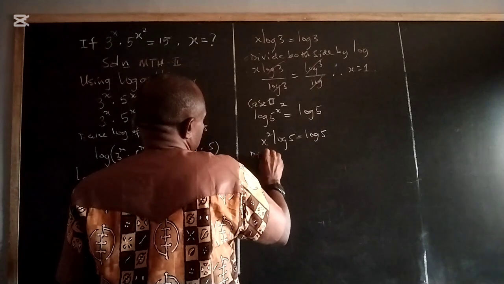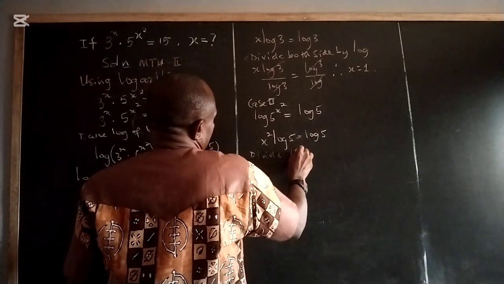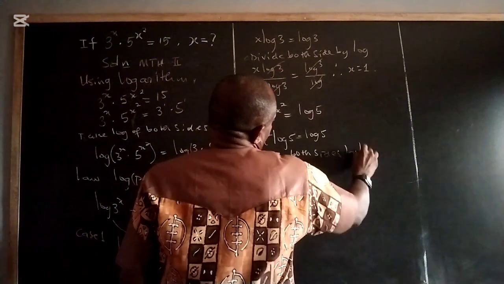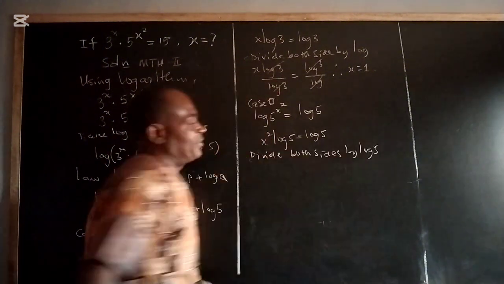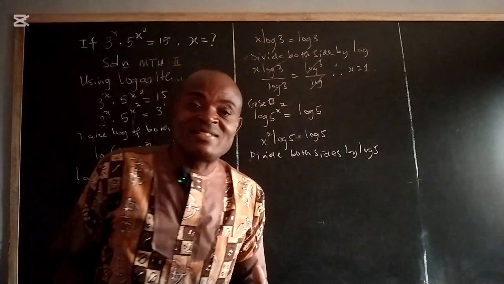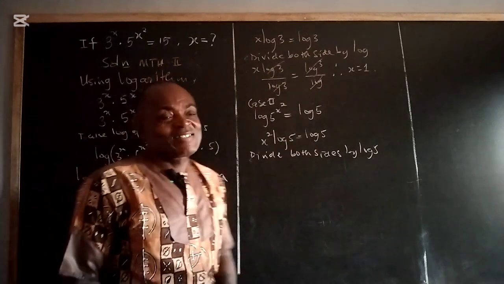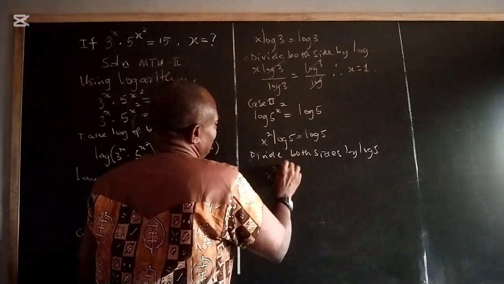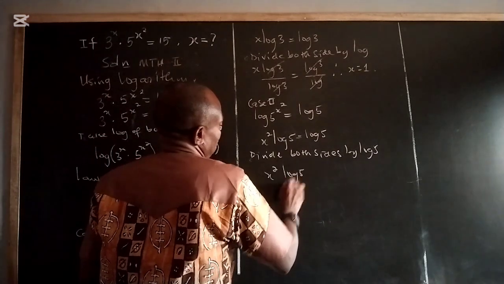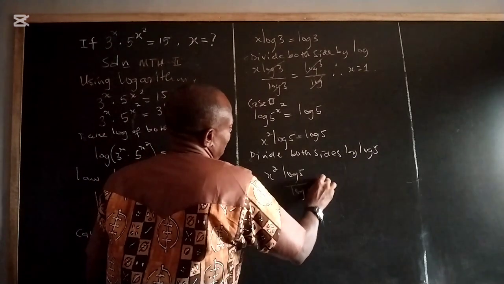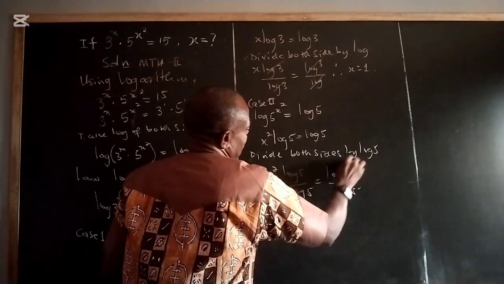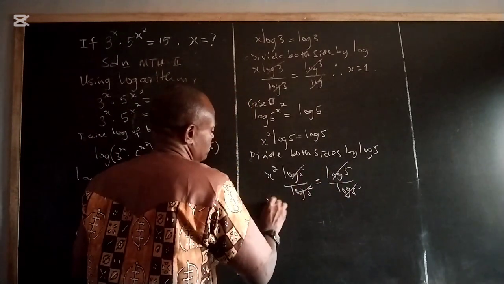Again, we divide both sides by log 5. It sounds interesting, so there's no stress here. So we have x squared log 5 divided by log 5 equals log 5 divided by log 5. Then we cancel both sides.